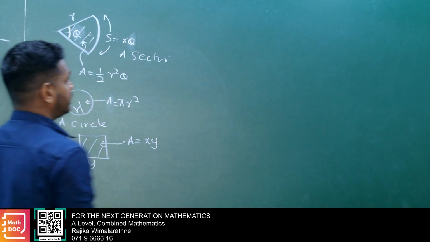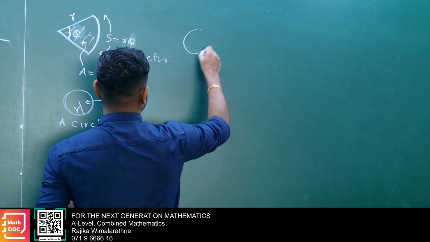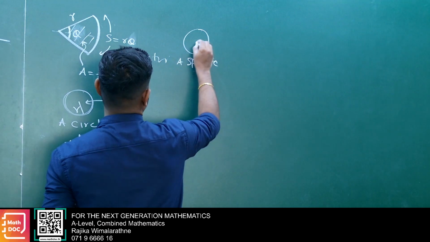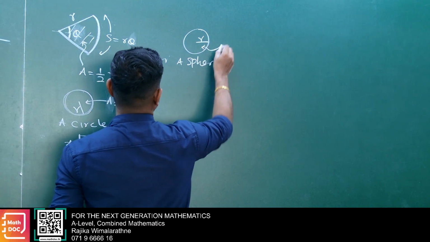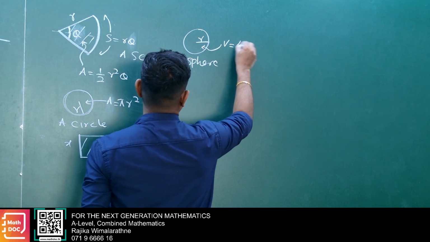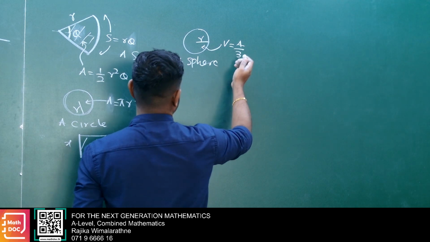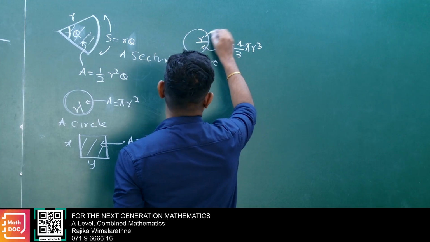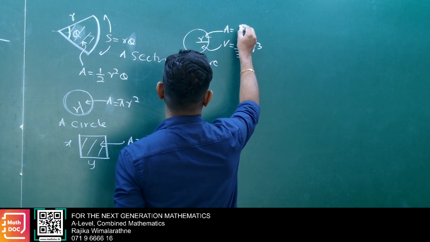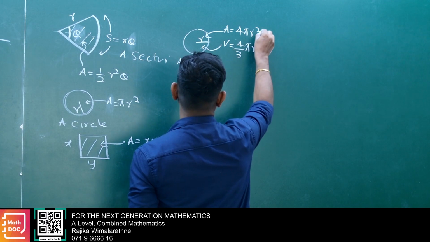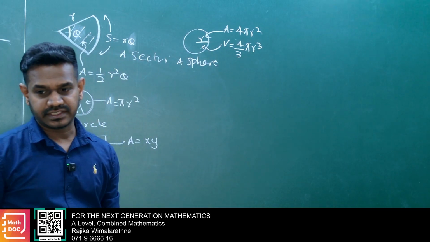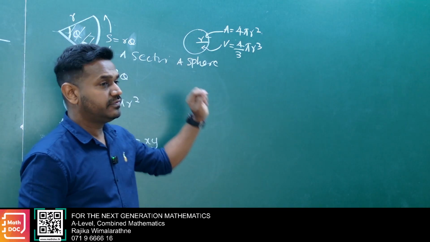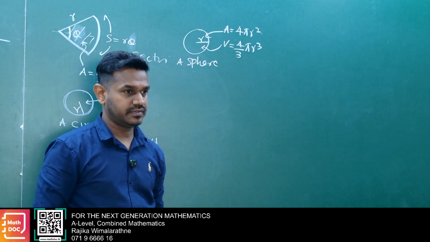Now consider a sphere of radius r. Then volume is 4/3 pi r cube, and surface area is 4 pi r squared. You have to remember this: for a sphere, surface area 4 pi r squared, volume 4/3 pi r cube.